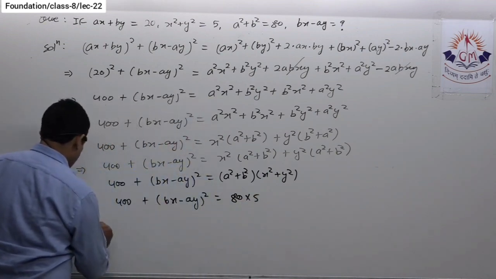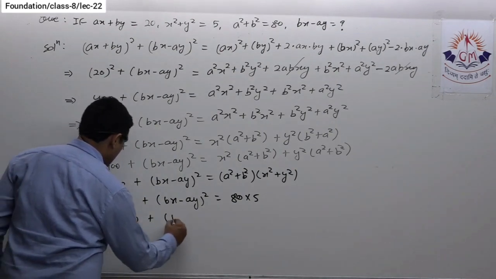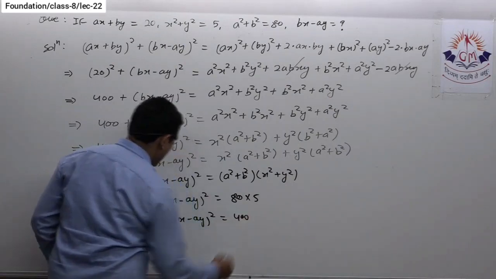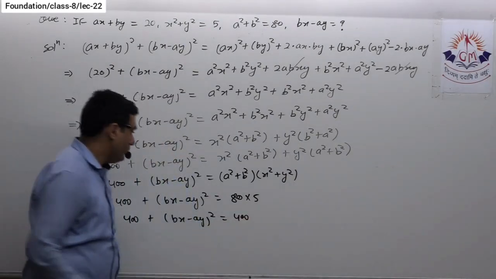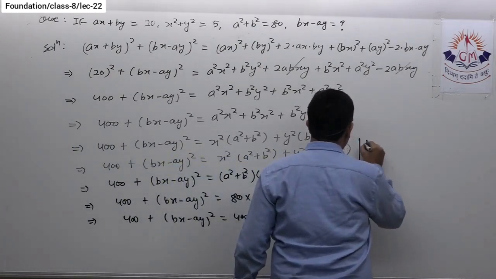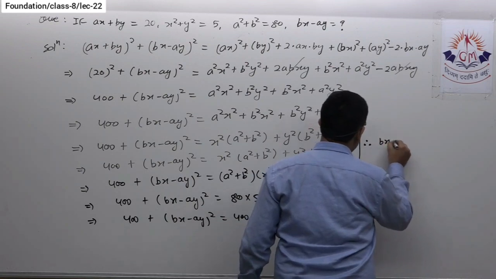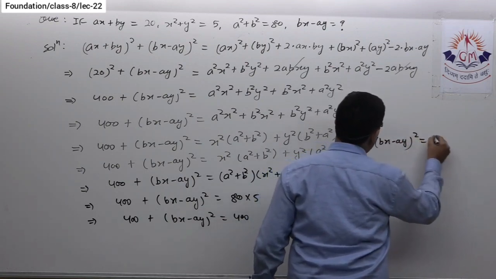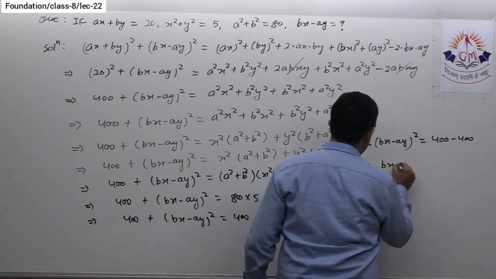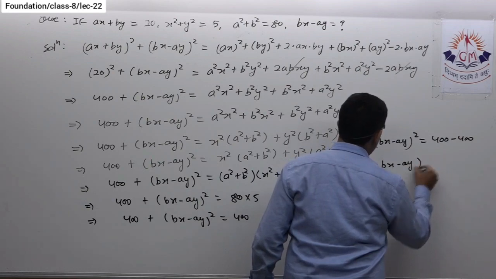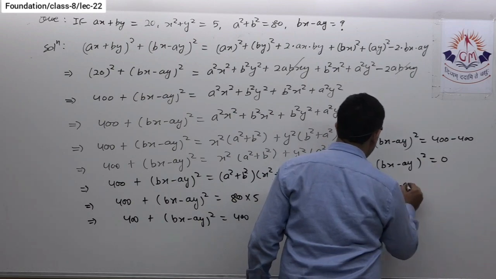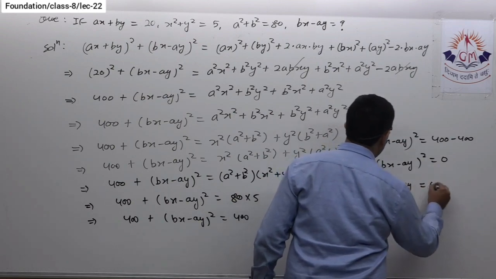So 400 plus bx minus ay whole square is equal to 400. That means bx minus ay whole square is equal to 400 minus 400, that is, bx minus ay whole square is equal to 0, and hence I can say bx minus ay is equal to 0.